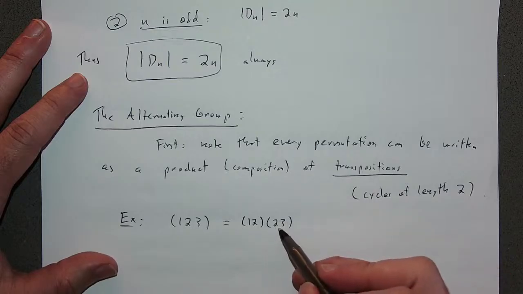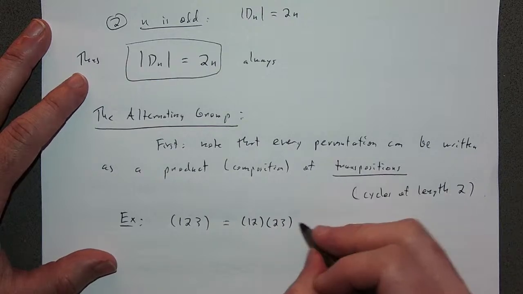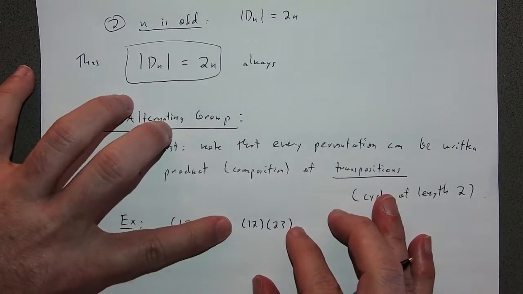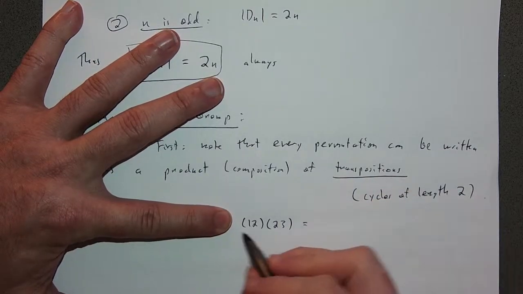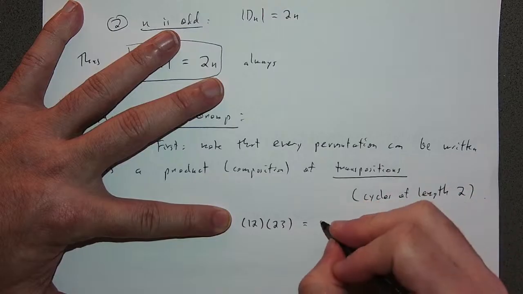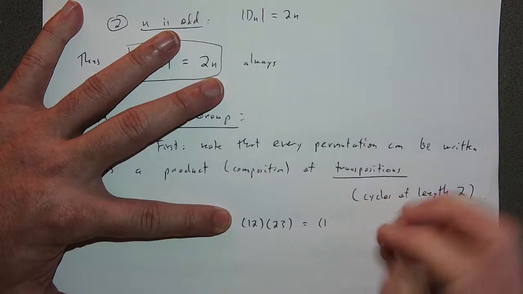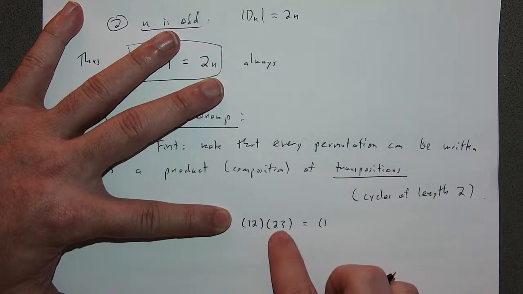So what is going on here? Here, we're starting with 1. So forget that we wrote this. And I'm going to try to see what this product is by doing it in my normal way with cycle notation. So what happens to 1 here? The right permutation here fixes 1. So 1 goes to 1 in this notation.